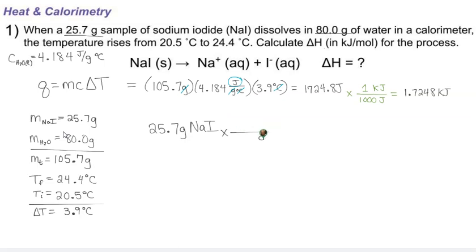So grams to moles, and 1 mole of sodium iodide, I can add up its molar mass based on the periodic table. So sodium is about 23 grams per mole, and iodine is 126.9.